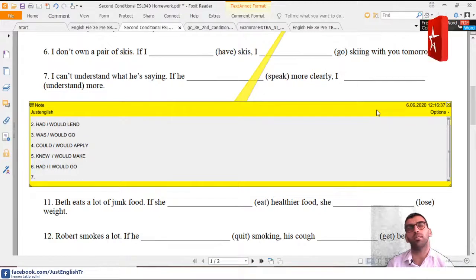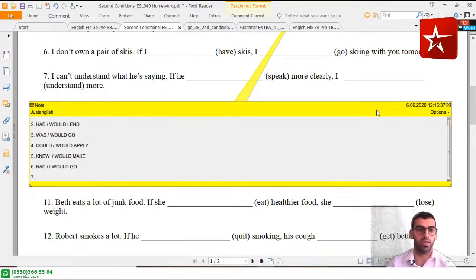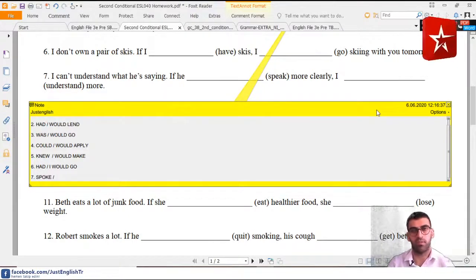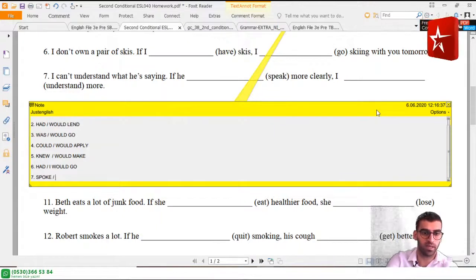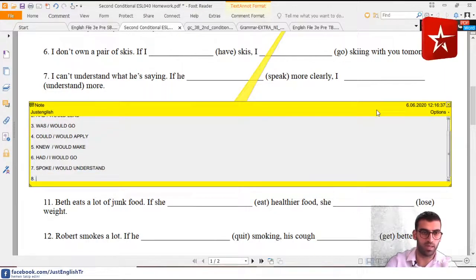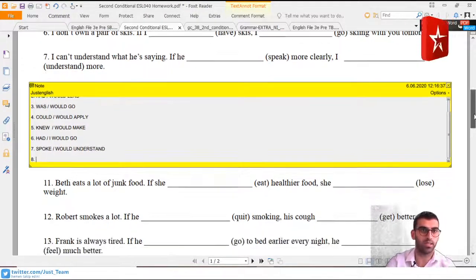Yes, we have to use the past simple form of the verb. It means it is spoke. That is the correct answer for the if side. Yes, if he spoke more clearly, I would understand. That is the perfect answer. Yes, guys, that is the correct answer.